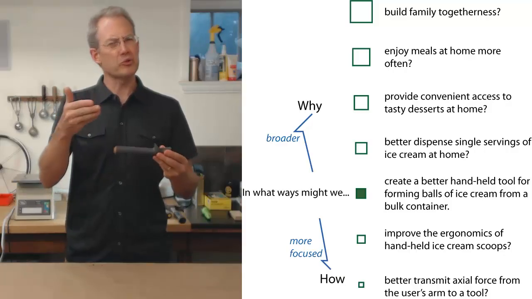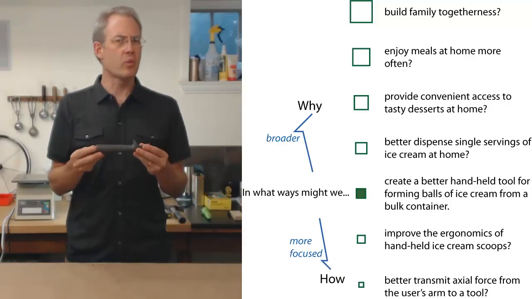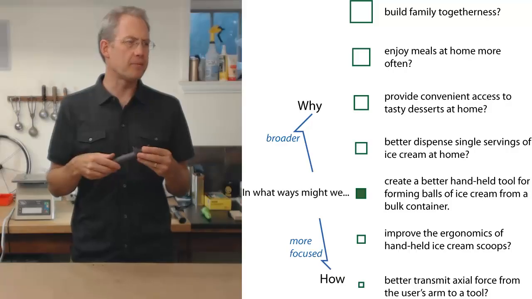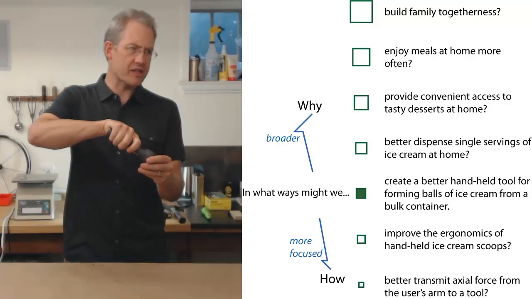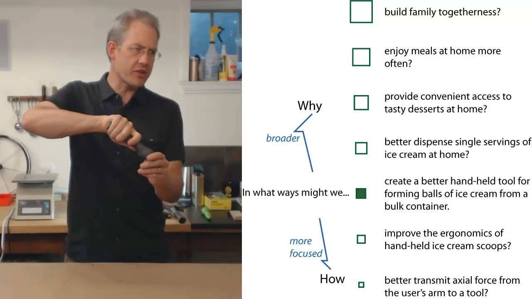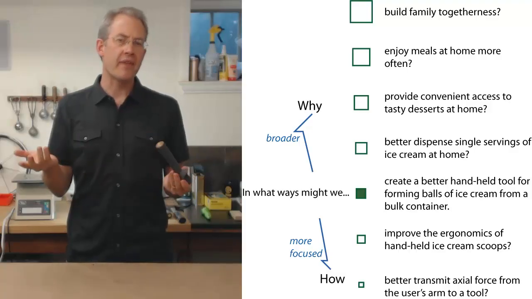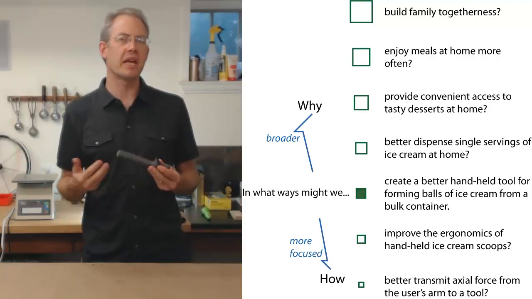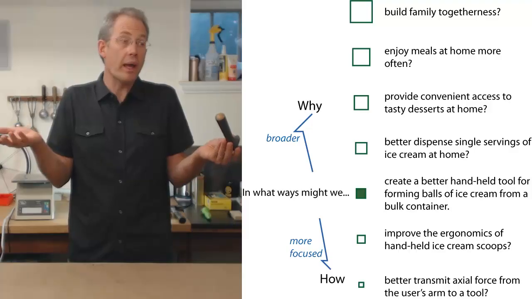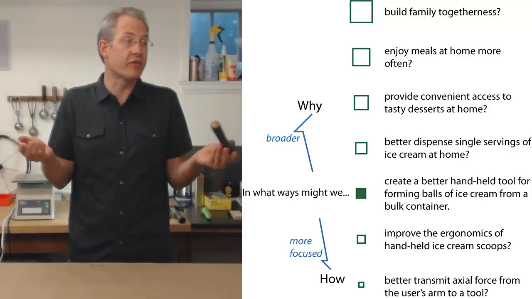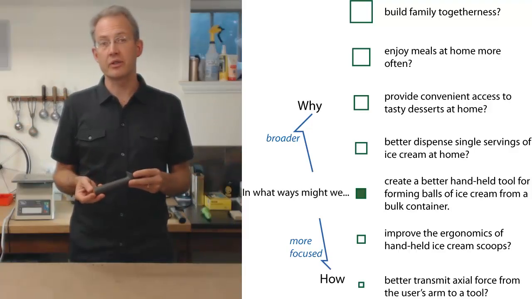And then we could say, well, how would we do that? And we could say, well, maybe we could find a better way to transmit axial force from the user's arm to a tool, and that would let us state the design problem even more specifically. In what way might we better transmit axial force from the user's arm to a tool?